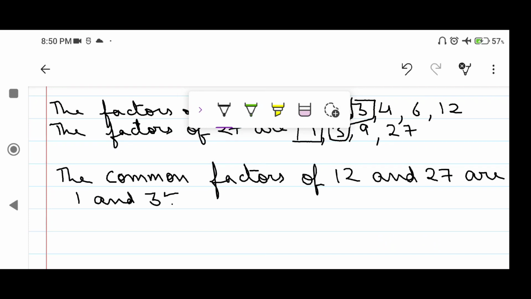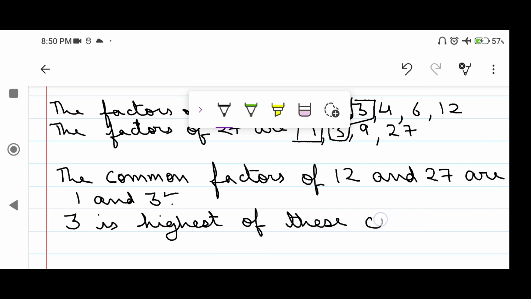So here we can say that 3 is highest of these common factors.